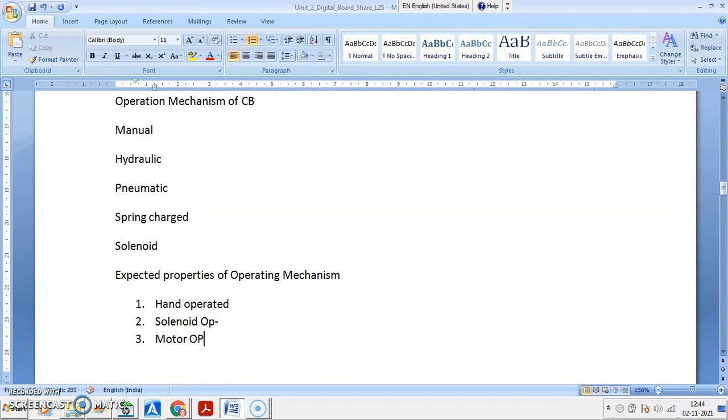Motor may be supplied with AC or DC supply, depending upon the type of motor. The advantage is that you need electrical power for the operation, and this operation is easier than that of hand and solenoid type operation.